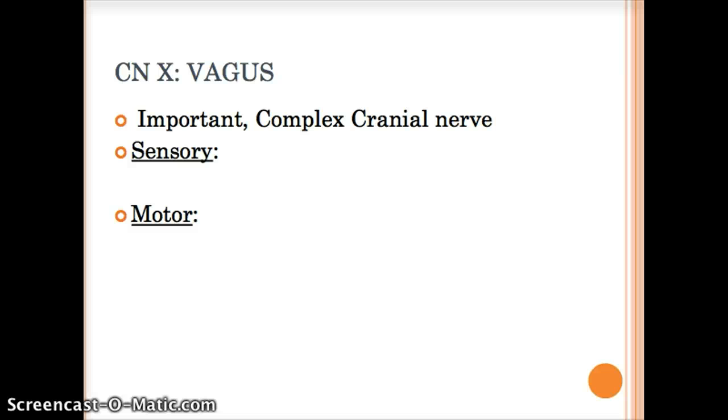Okay, cranial nerve 10, this is a really important complex cranial nerve. It provides sensory information for the external ear, the taste buds of the epiglottis, the thoracic and abdominal viscera, the larynx, the pharynx, the trachea, and the esophagus.